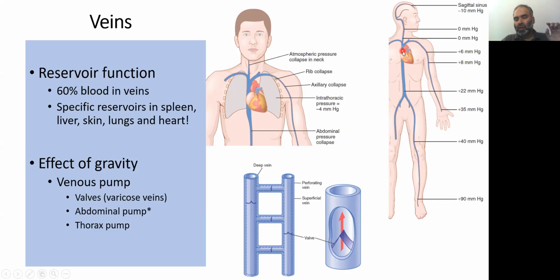If it's zero at the heart level, as compared to that, the feet of a person who is standing still, not moving around, would be around plus 90 mmHg. This is for you to appreciate the effect of gravity that is exerted on the blood that is carried by the veins. Blood, as you know, is a complex fluid.